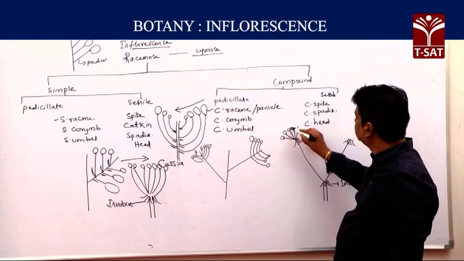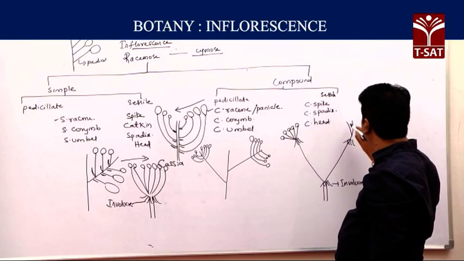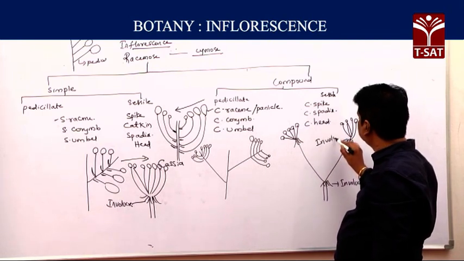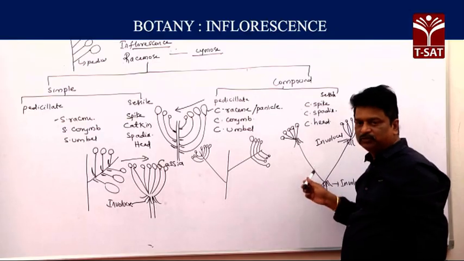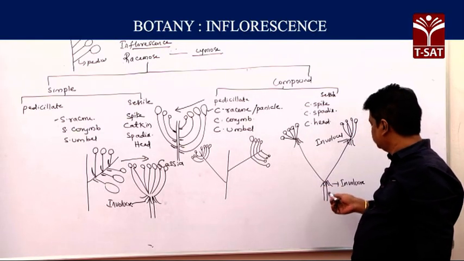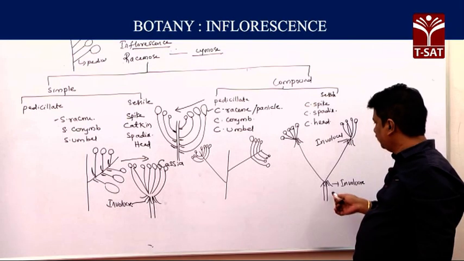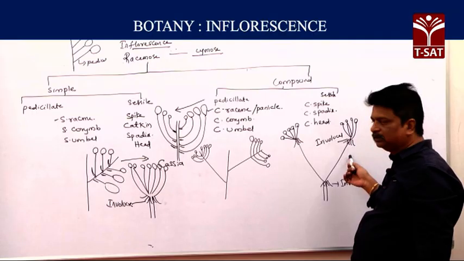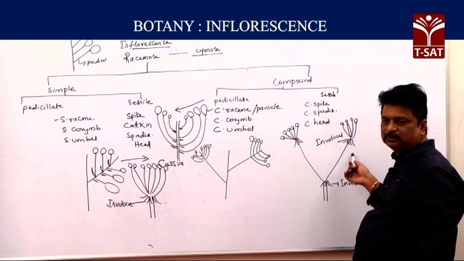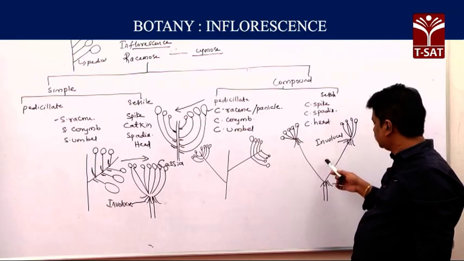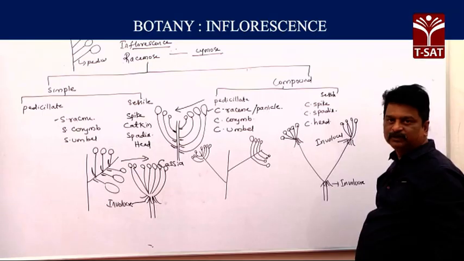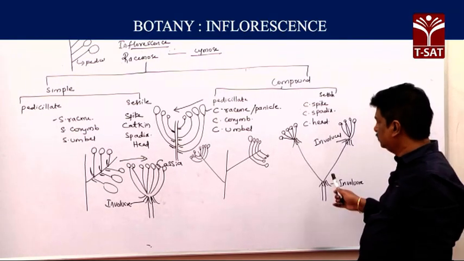But the point is, in compound umbel, bracts present below the flower are called involucel. So in compound umbel, two types of bracts are present: involucre, the bracts present on the main peduncle; involucel, the bracts present below the pedicel. So involucre is present on the main axis, involucel is present below the flower, called a compound umbel.